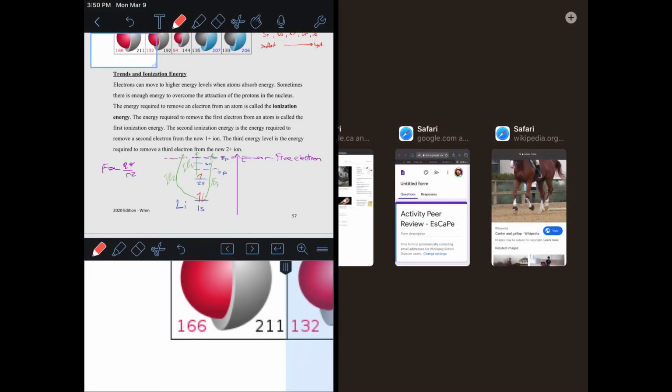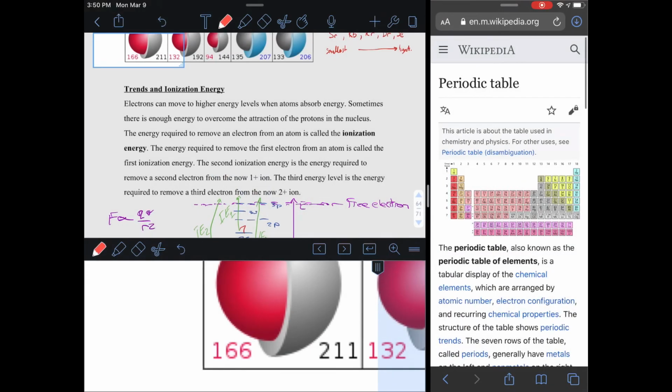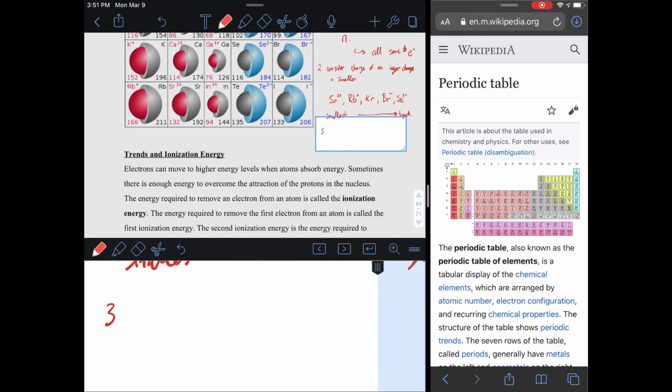I'm going to pull up that table again. Where did it go now? Okay. There it is. So strontium has 38 protons, but because it's 2+, it only has 36 electrons. Then you've got rubidium, which has 36 electrons.